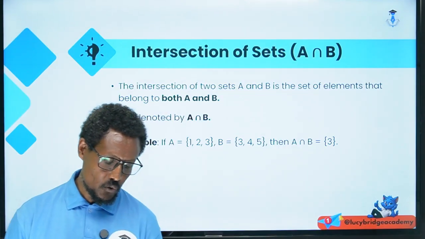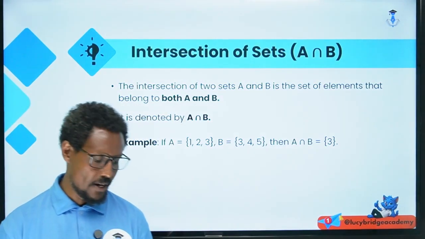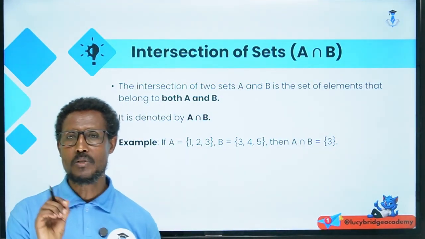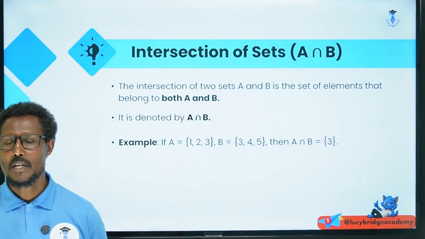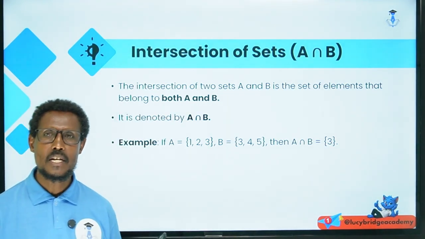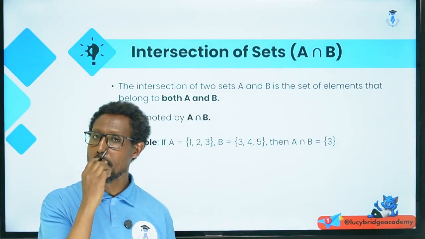The intersection of two sets A and B is a set of elements that belongs to both A and B, in both sets. Okay, intersection A intersection B means the common elements in both sets.